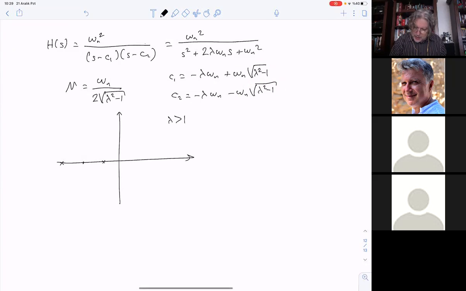This is the point where it's equal to minus lambda times omega n. And this is this center point plus something, and this center point minus something is the other one. So we have these and these.